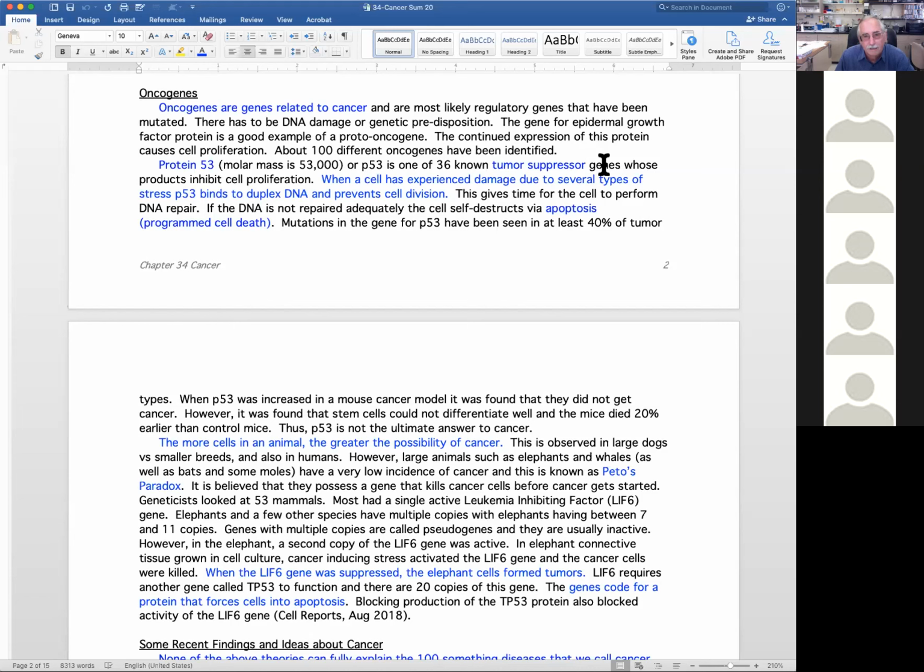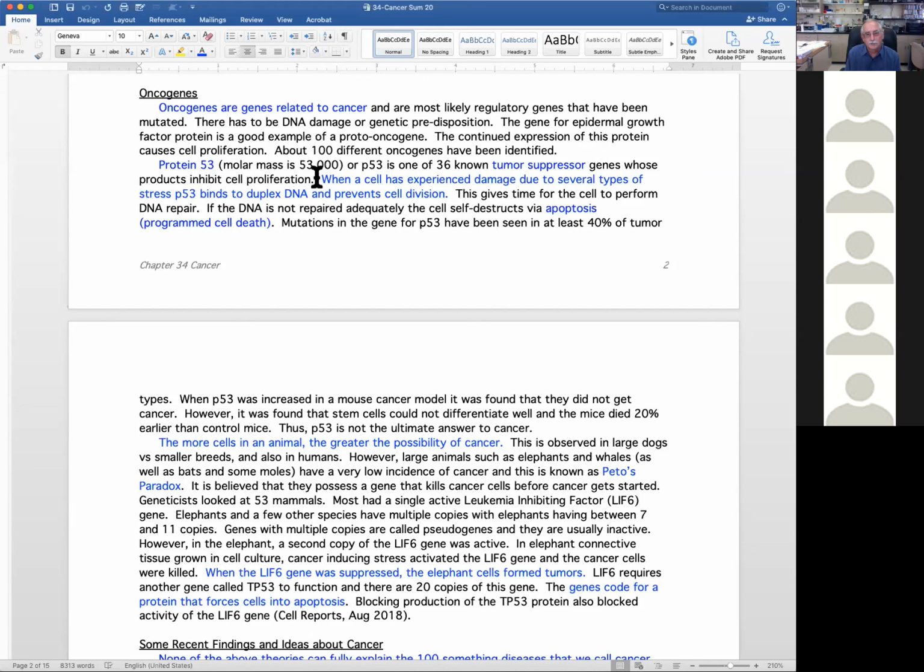Okay. Its product, P53, inhibits cell proliferation. So when a cell has experienced damage due to several types of stress, P53 binds to the duplex DNA and prevents cell division. So that gives time for the cell to either repair itself or go through apoptosis.